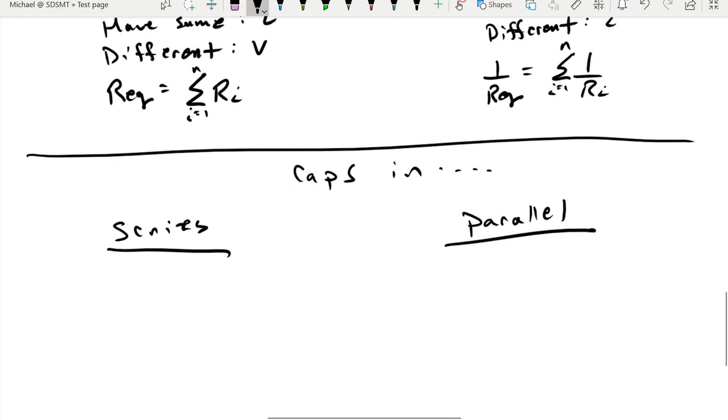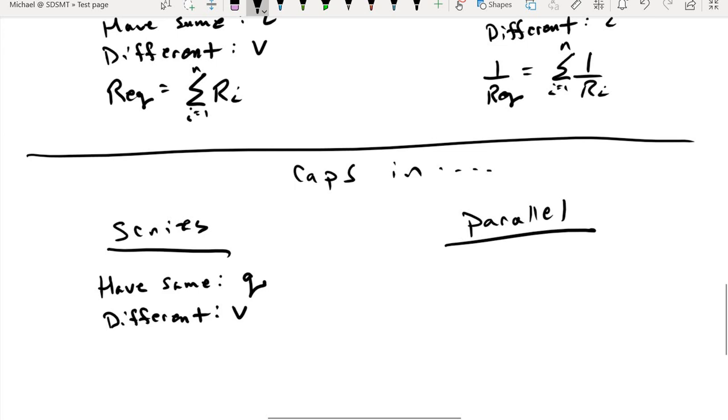So for capacitors in series, if you remember, capacitors in series have the same charge, but different potentials.